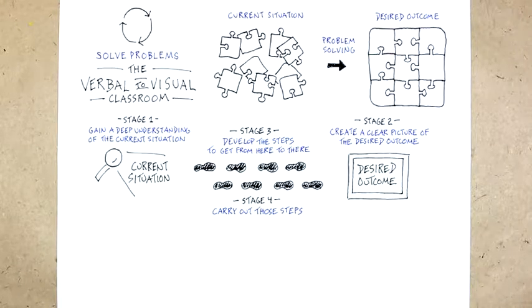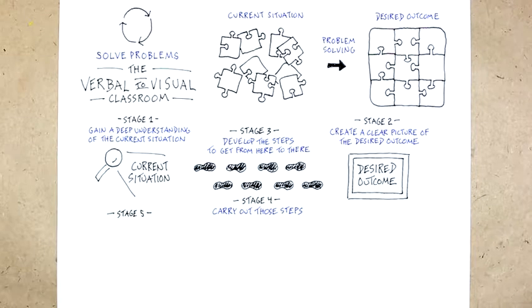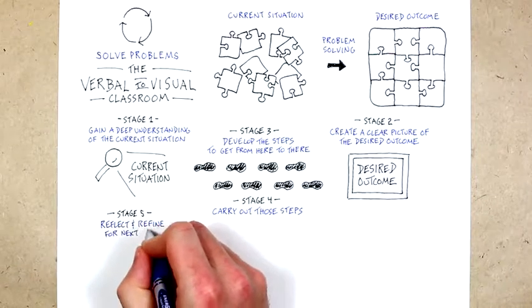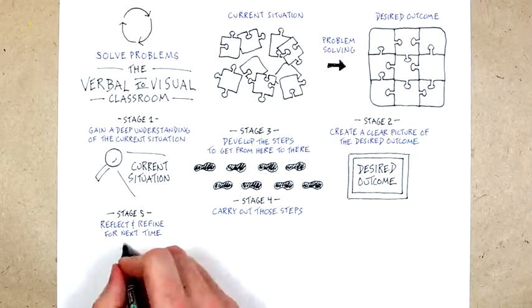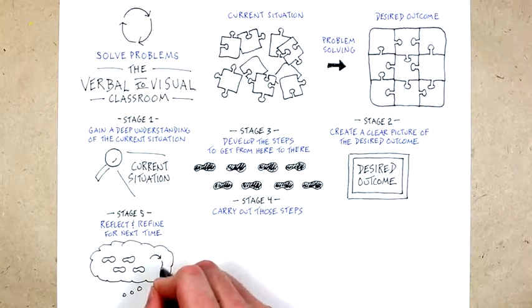Hopefully, after stage 4, you've arrived at the desired outcome. If you have, great. If not, that's okay too, because the last stage, stage 5, is when you can reflect on how things went and refine your problem-solving process for next time. There is a reason that I chose a cyclical icon for this module on problem solving.